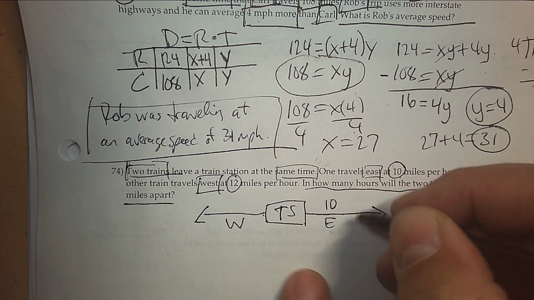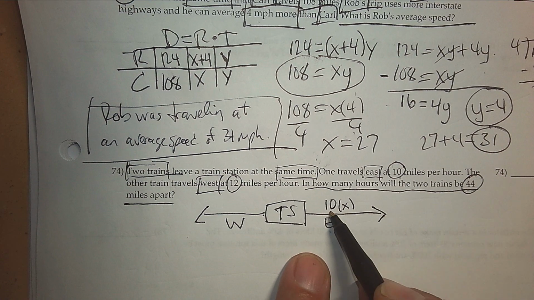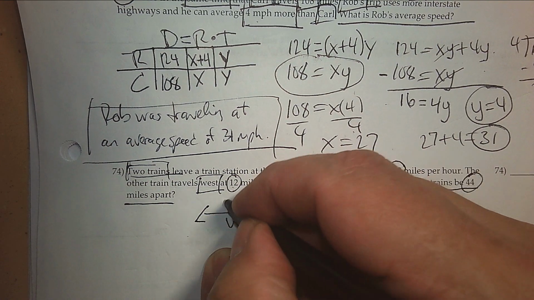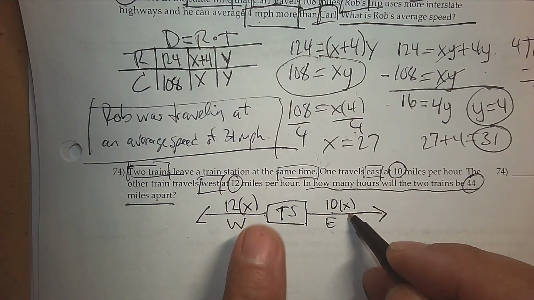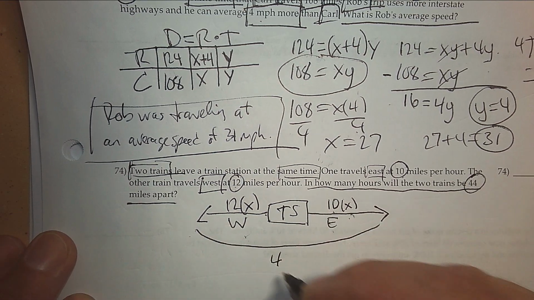And I don't know how much time has gone by, right? That is the speed and the time, yes? The west, how fast? And again, I don't know how much time, but I know the time is the same. And then altogether, this distance is how many miles?